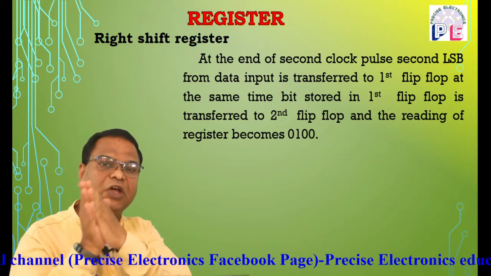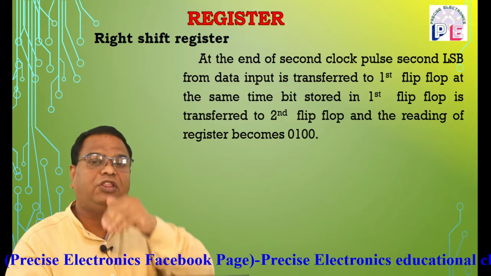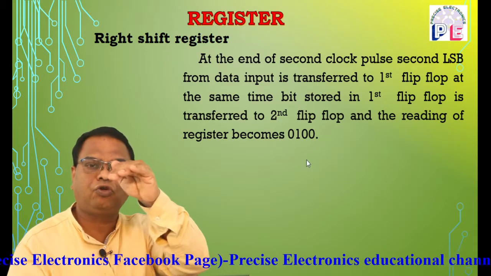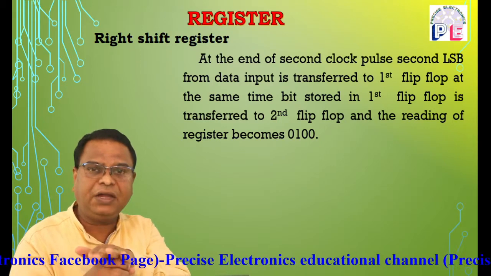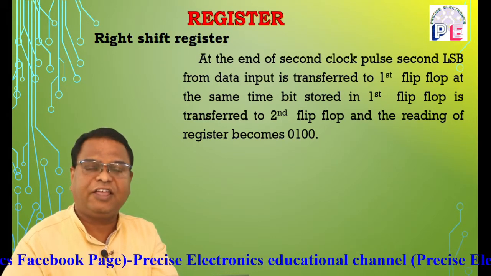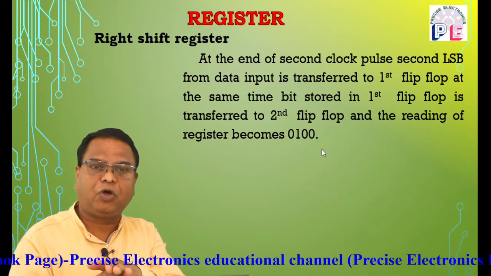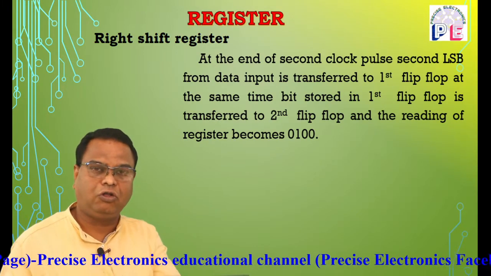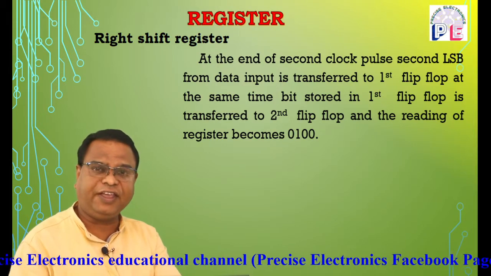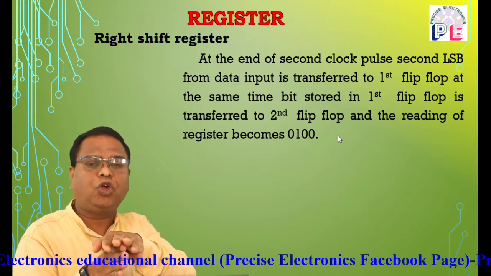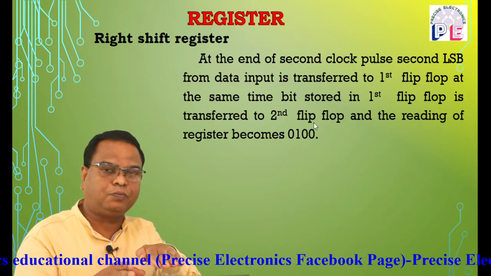That 0 is now entered in the first flip-flop, while the bit already stored in the first flip-flop, that is 1, that high bit, is now shifted into the second flip-flop. The bit stored in the second flip-flop is shifted into the third, and so on. So in this case, the output of the register is now 0 1 0 0.